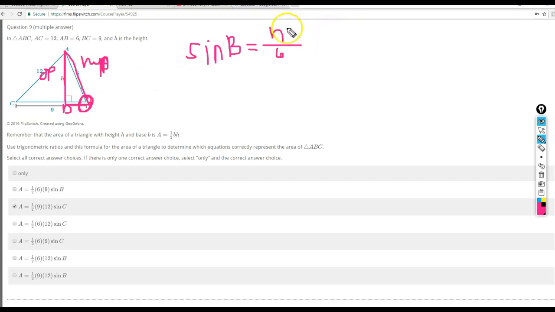And since I want to solve for h, I'm going to multiply by 6 using the multiplication property of equality again. So we have 6 sine of b is equal to h over 6 times 6, which is 6h divided by 6. And this reduces down to a form of 1.